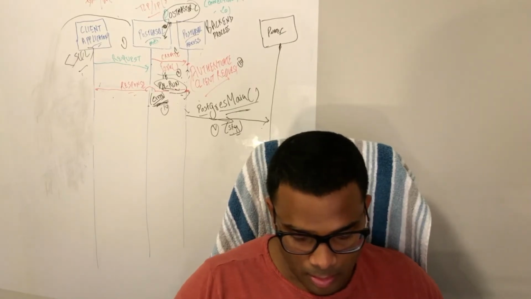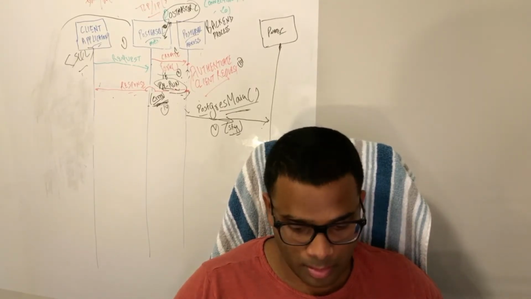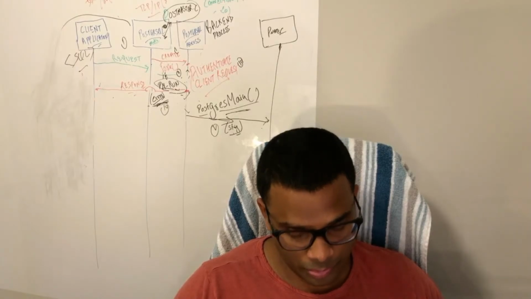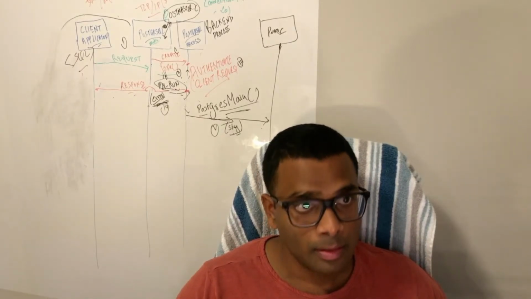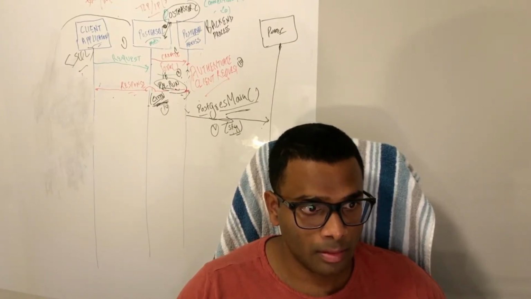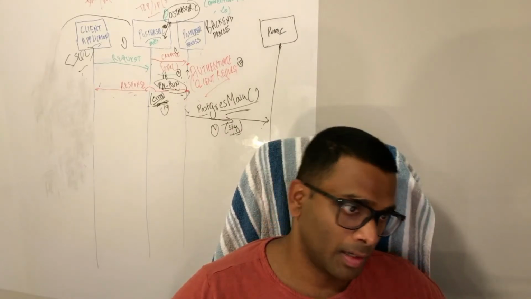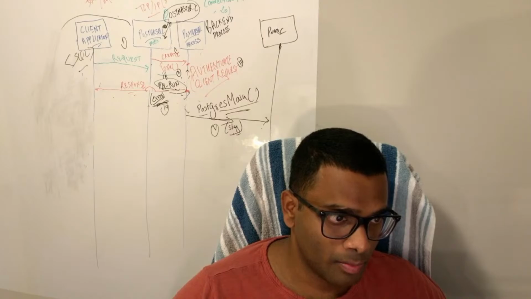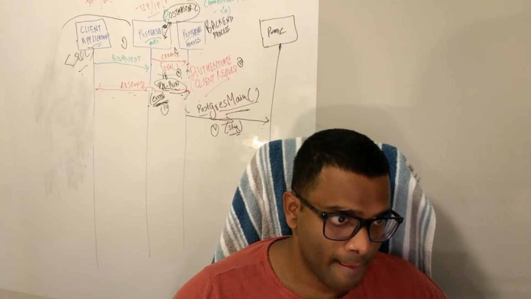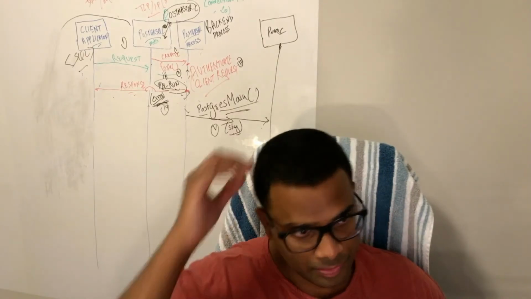Postmaster, okay. Postgres main. Backend run, right? And the backend run was to set up the backend argument list and invoke this.